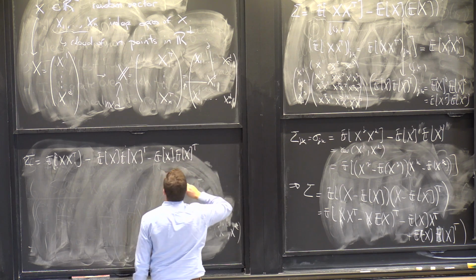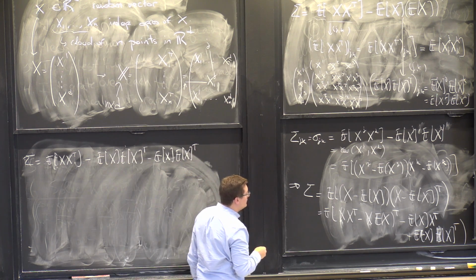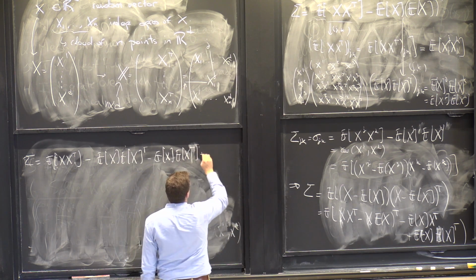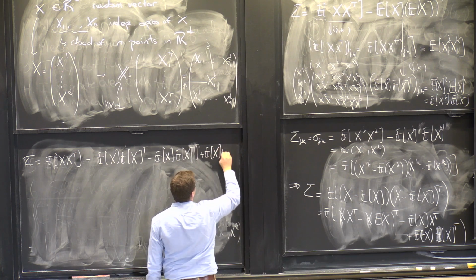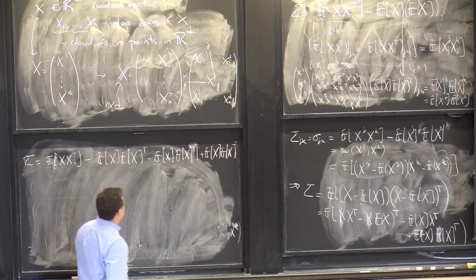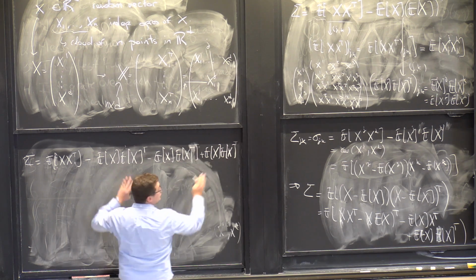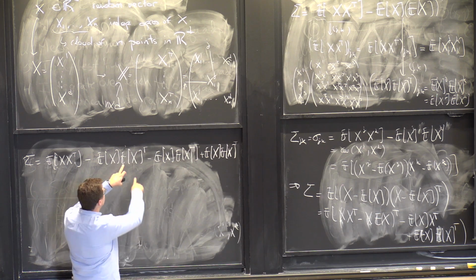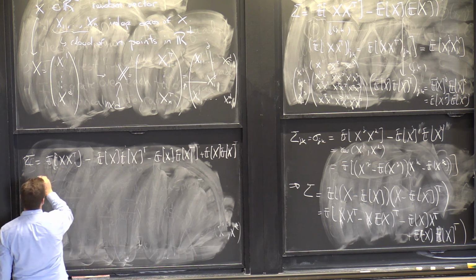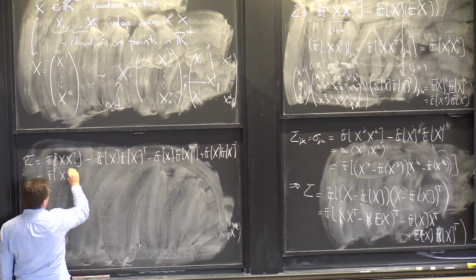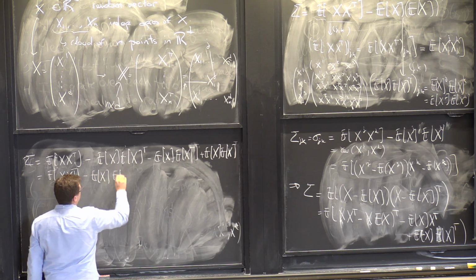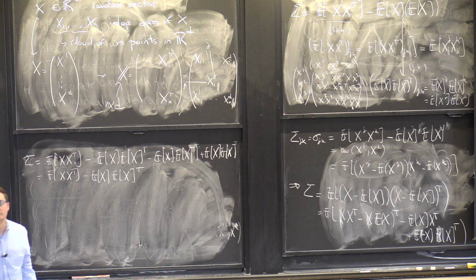And then I have plus expectation of x expectation of x transpose. And now those three things are actually equal to each other, just because the expectation of x x transpose is the same as the expectation of x x transpose. And so what I'm left with is just the expectation of x x transpose minus the expectation of x expectation of x transpose. Okay?